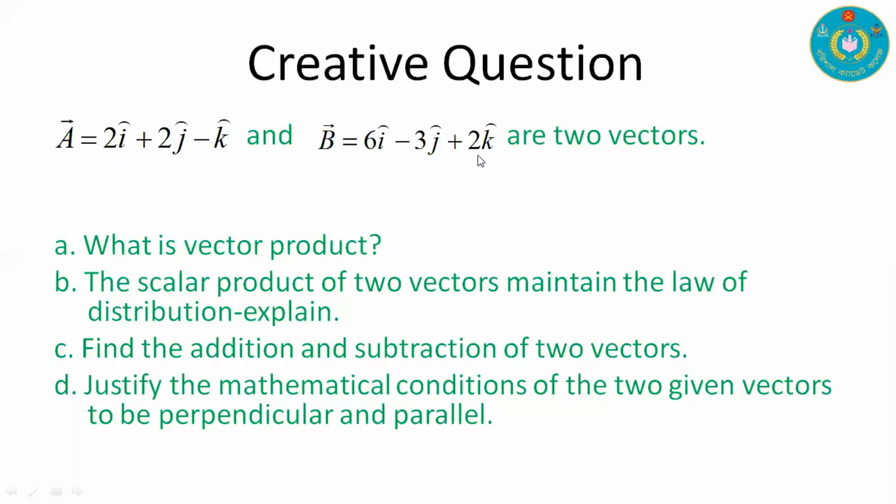Now the question is, justify the mathematical conditions of the two given vectors to be perpendicular and parallel. To check this mathematical condition, we have to take the dot product of a and b, and we know that a dot b is equal to ax bx plus ay by plus az bz, and by using this equation we can calculate the value of a dot b.